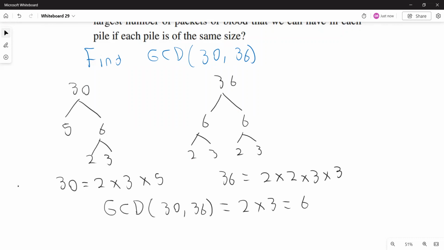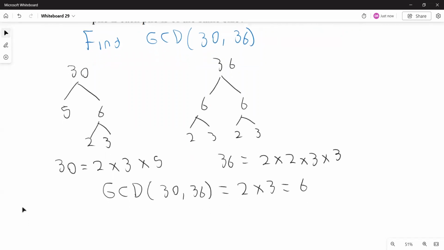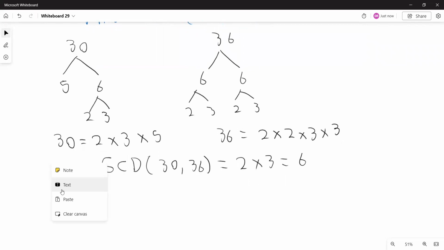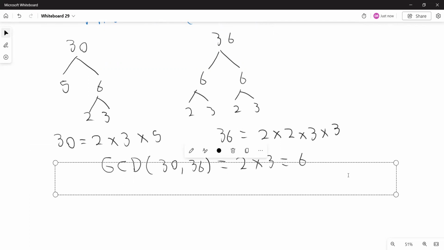And at the end, they need to divide them into piles of 6.